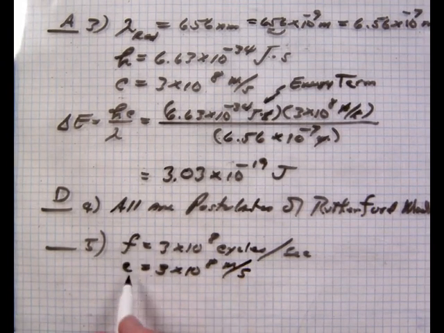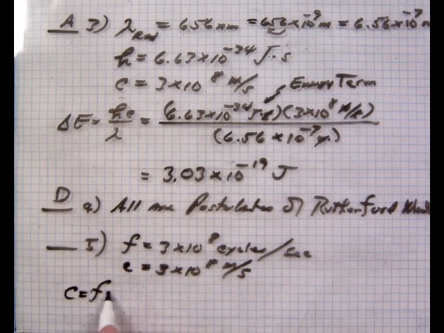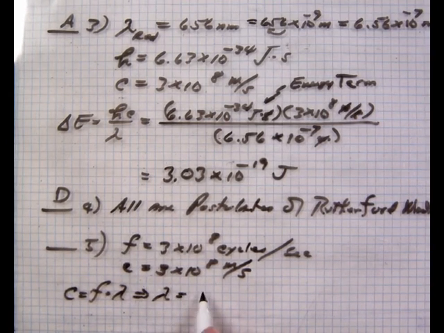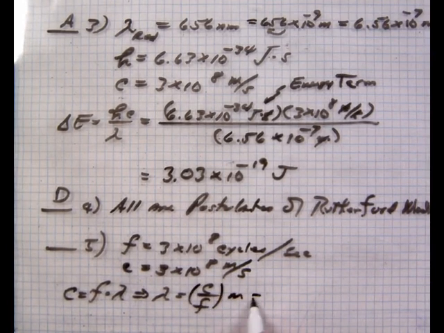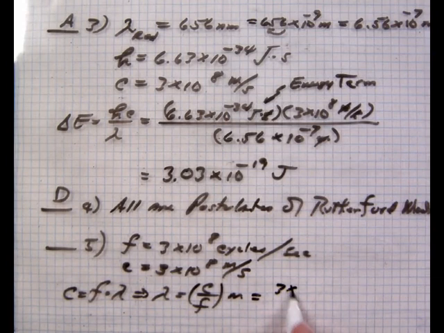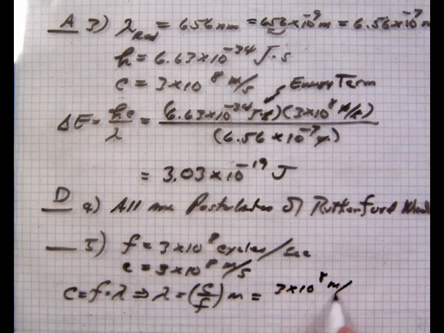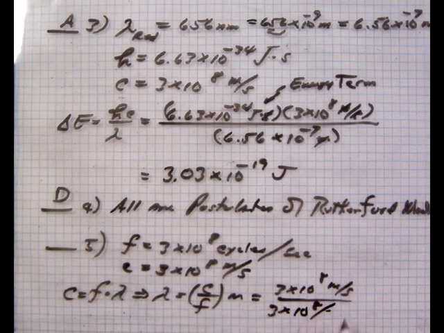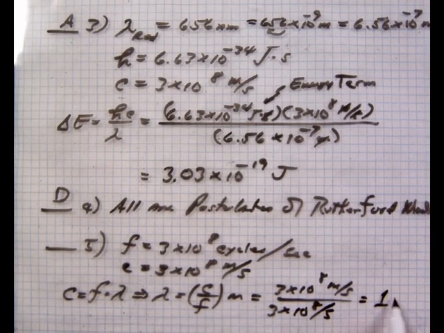Well, if you're given c and f, use equation number 1: c equals frequency times wavelength. Solve for wavelength, and that's c over the frequency, and the wavelength will be in meters. Calculating it this way, 3 times 10 to the 8 meters per second divided by 3 times 10 to the 8 per second gives a 1 meter long wave.